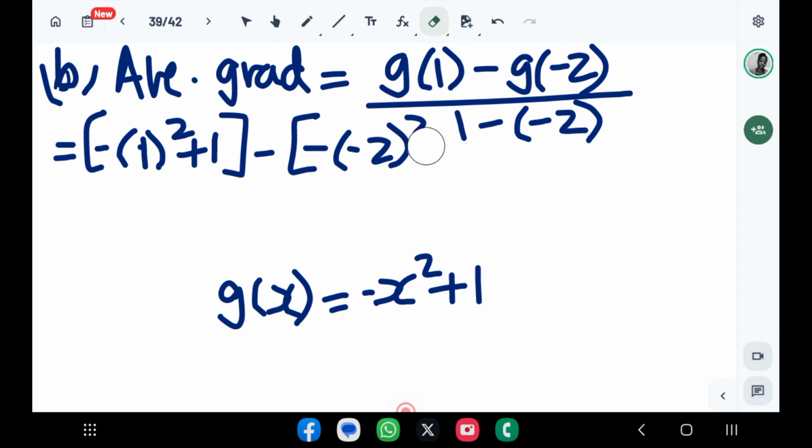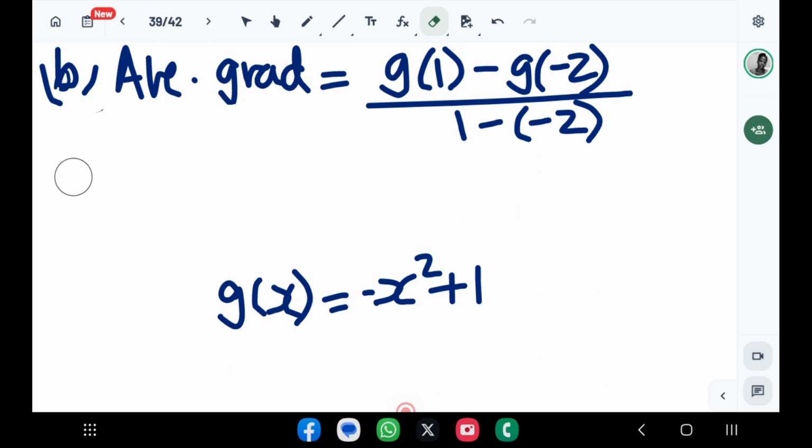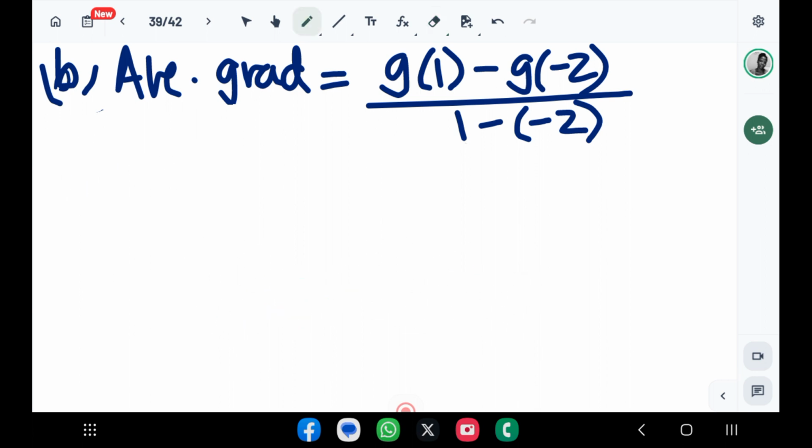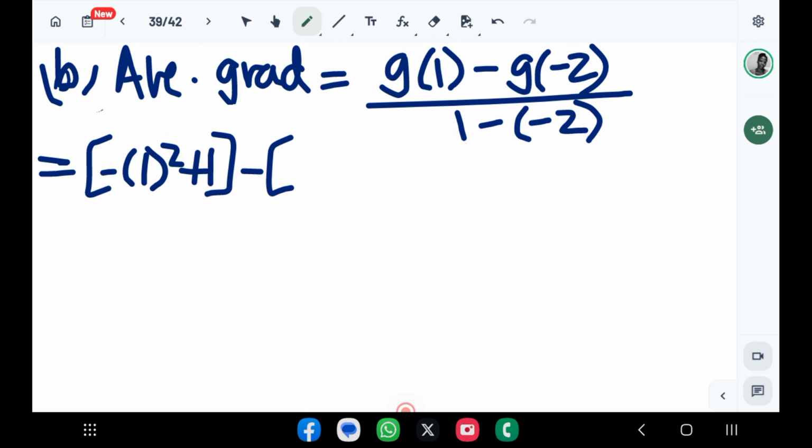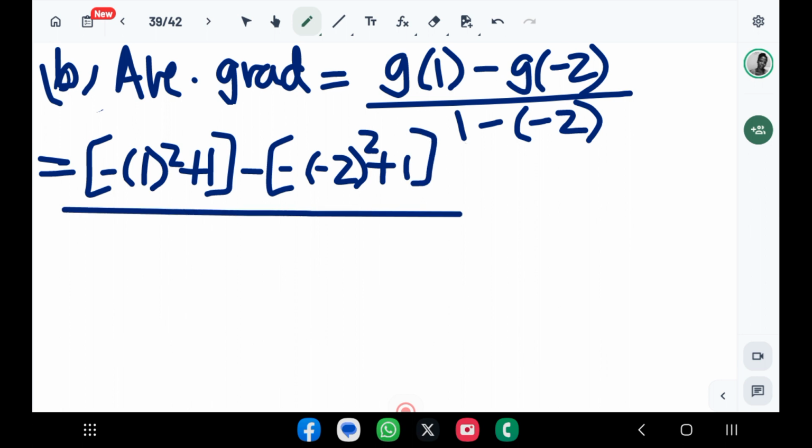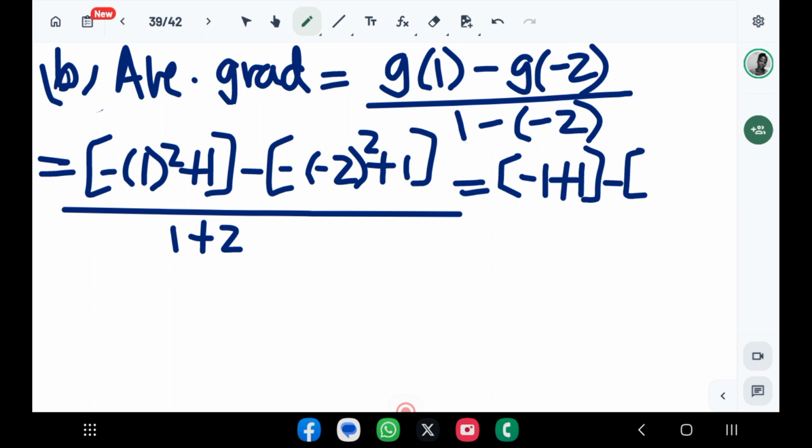Okay, let's try and take this down a bit. So that's equal to minus 1 all squared plus 1, minus negative 2 all squared plus 1, all over 1 plus 2, which is equal to minus 1 plus 1 minus negative 4 plus 1, all over 3.